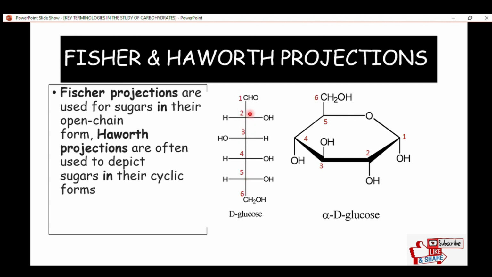Remember, we talked about chiral centers and chiral molecules in our last video. In this compound, we can determine some chiral centers.